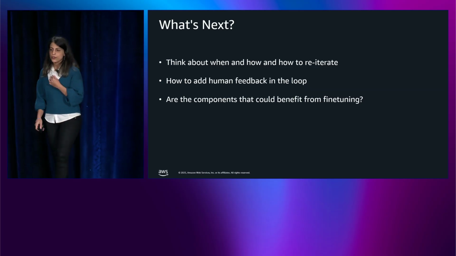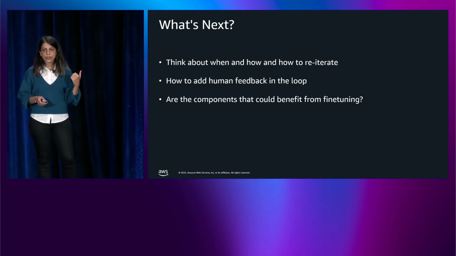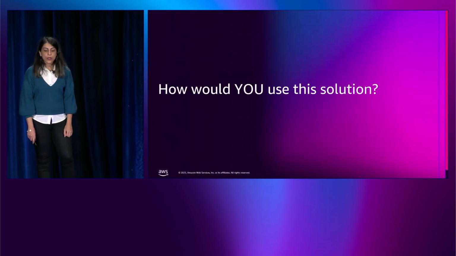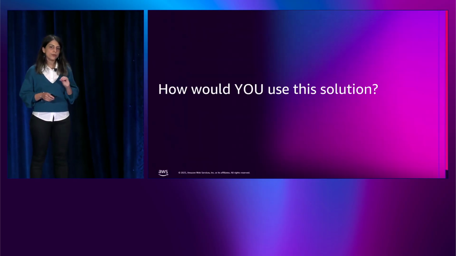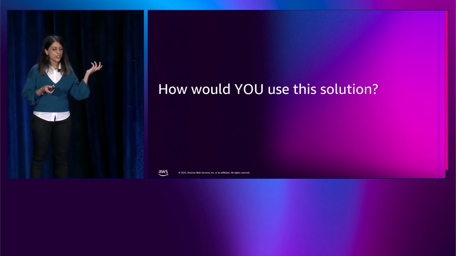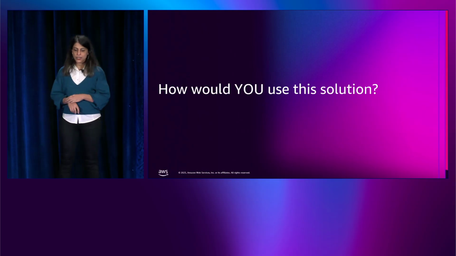And I'm pretty sure you can think about many other ways to improve this pipeline, or even make your own pipeline. So with that, I really encourage you to think about which parts you're going to use for your own problem. Maybe you just use a couple of modules. Maybe you add more. Be creative with it.